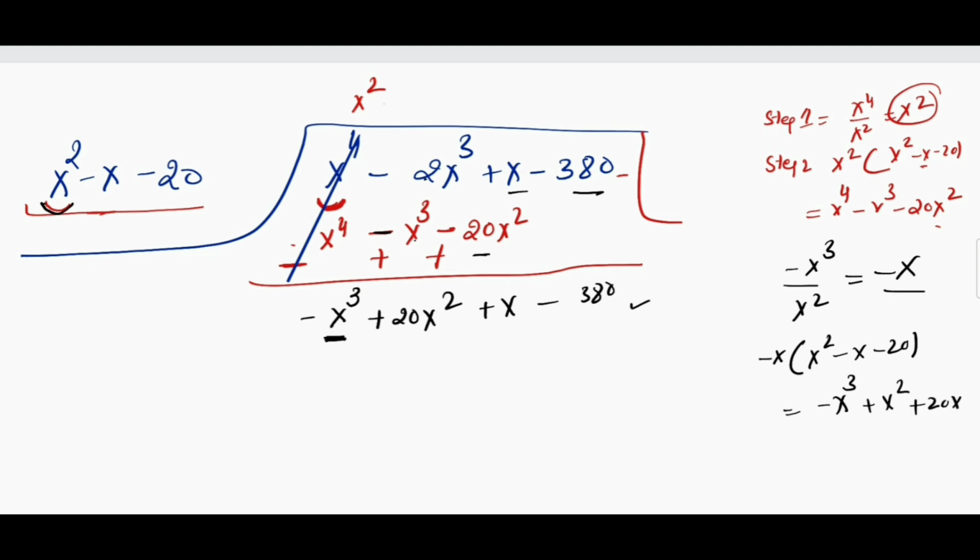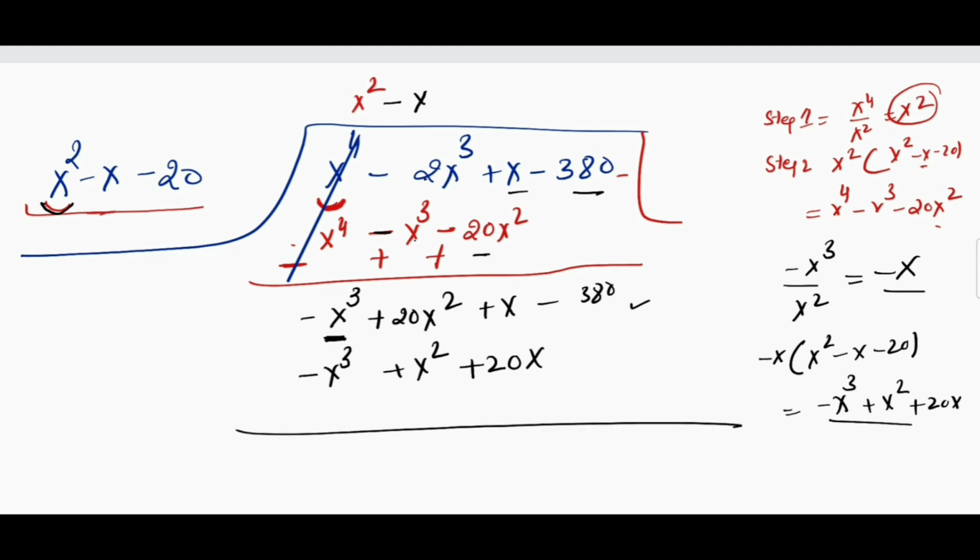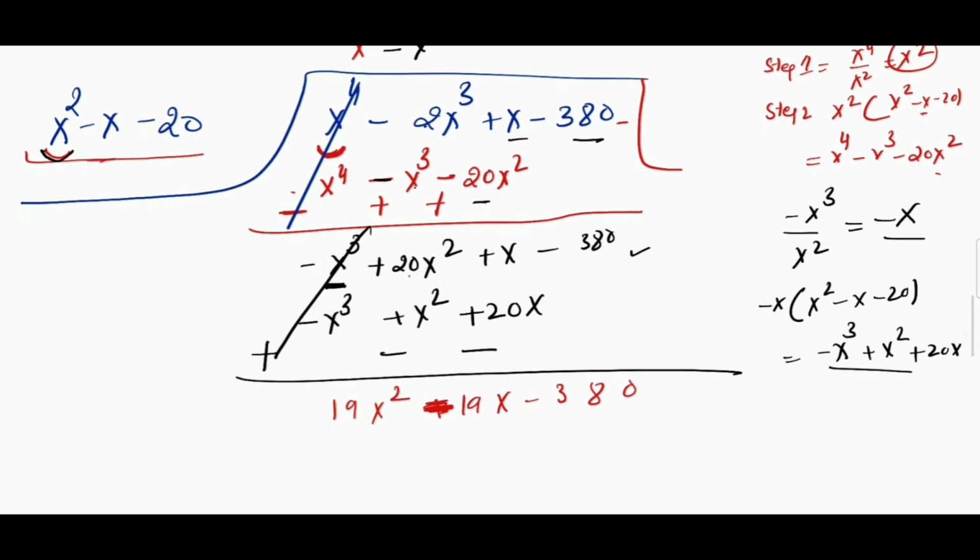This will go here negative x, and this will come here negative x cube plus x square plus 20x. Now we'll change the sign. Here it will become plus, negative and negative will get cancelled. So we will be left with 20 minus 1x square, which is 19x square plus 19x minus 380. Sorry, here it will come negative and negative 380.